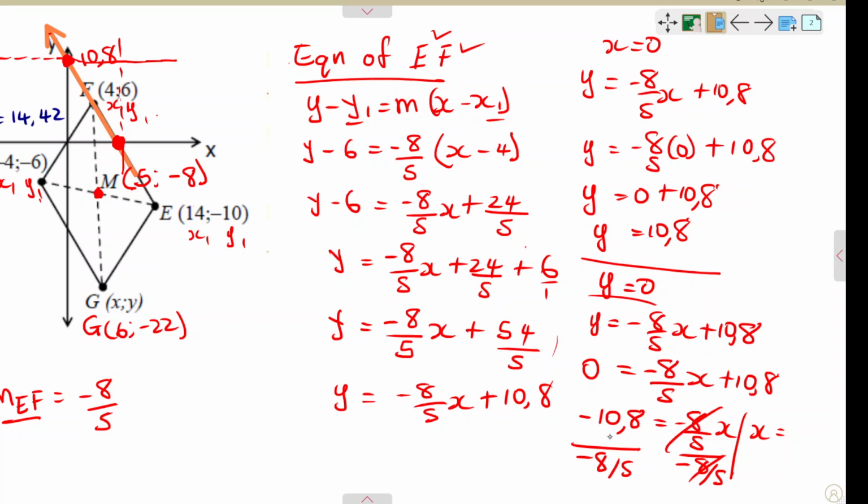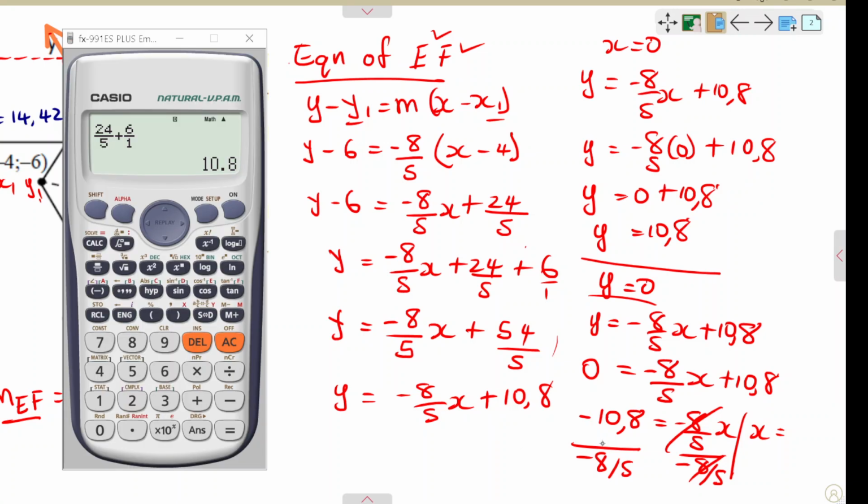So let's find negative 10,8 divided by negative 8 over 5. Negative and negative is going to become positive. So let's just say 10,8 divided by 8 over 5. So let's check.